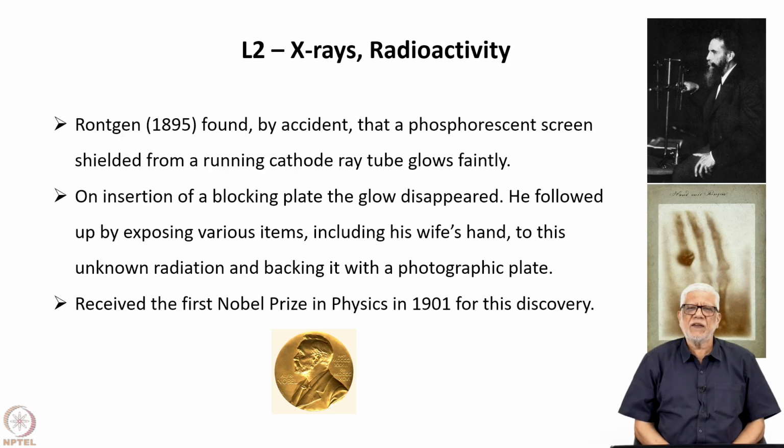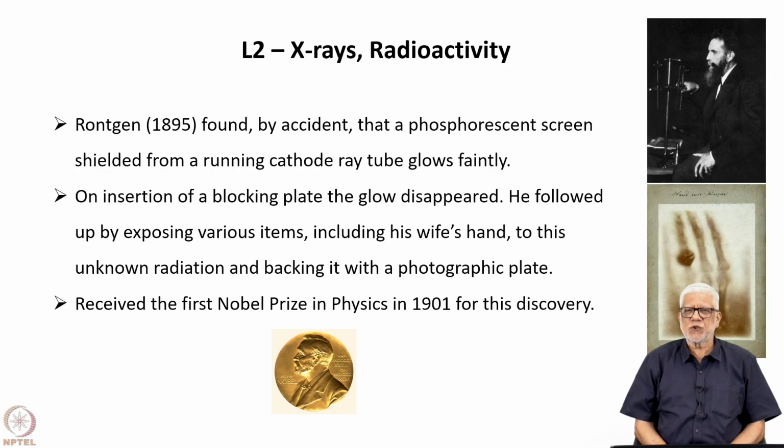In 1895, quite accidentally, he found that a phosphorescent screen which is shielded from a running cathode ray tube glows. So, he was quite amazed by this, and then he inserted a blocking plate, and of course the glow disappeared. So, he followed up by doing this exposure on various items, and one of the items of course was his wife's hand.